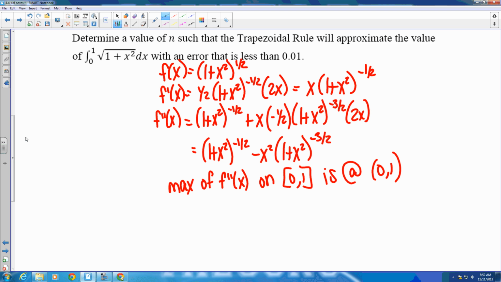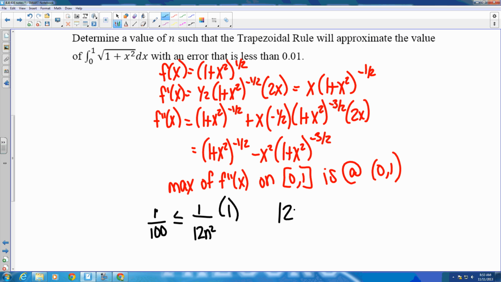So if our error is less than or equal to (b minus a) cubed over 12n squared times the max of f double prime, that's going to be 1/100th is less than or equal to 1 over 12n squared times 1.